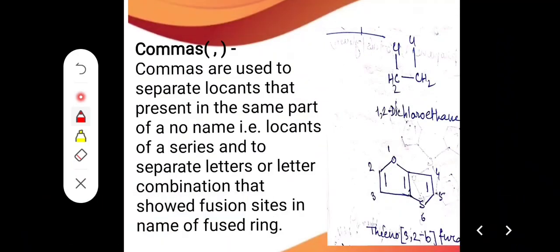Now I describe the symbolic representation in IUPAC nomenclature.